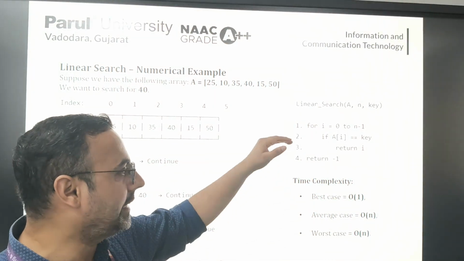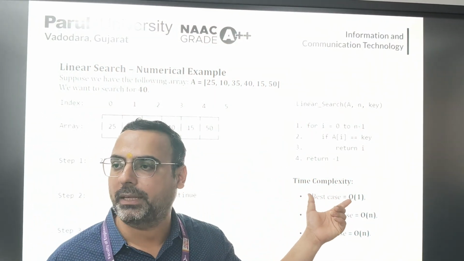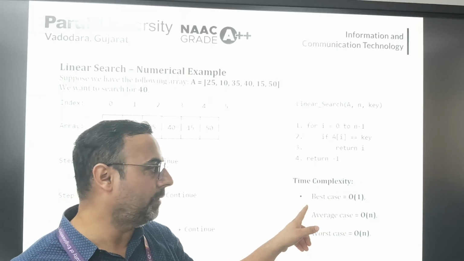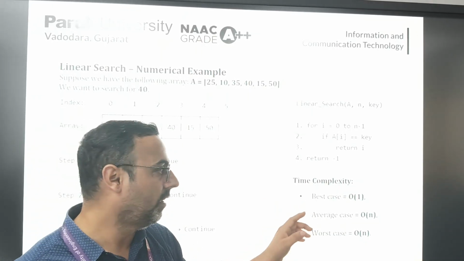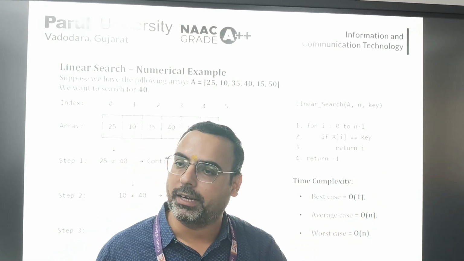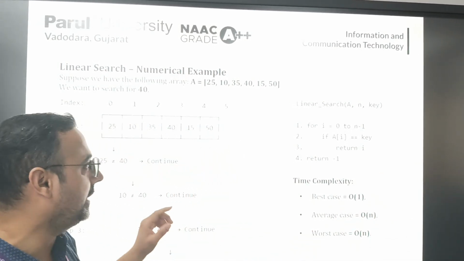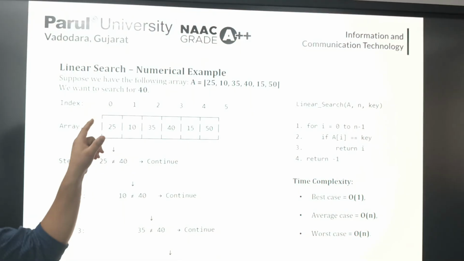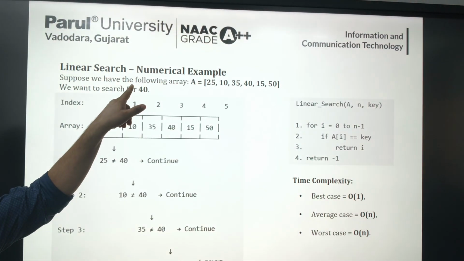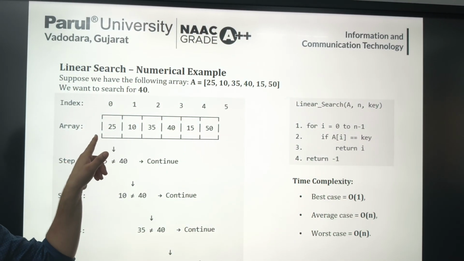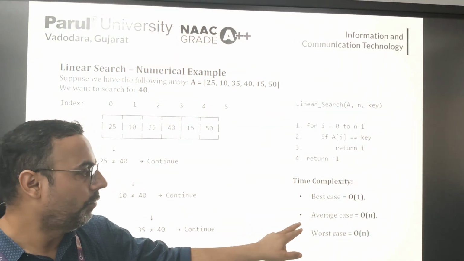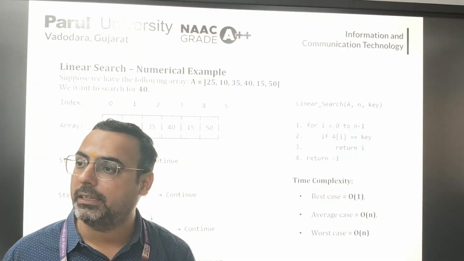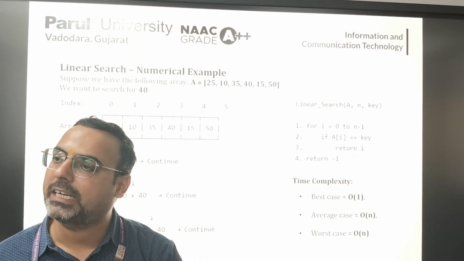Now you can see here we have different types of complexity. In that case, best case, worst case, average case, we have different complexities. Best case is order of 1. How? It means suppose my target element is 25 and I find the 25 in the first position. This is the best case. Average case and worst case in linear search are both the same.